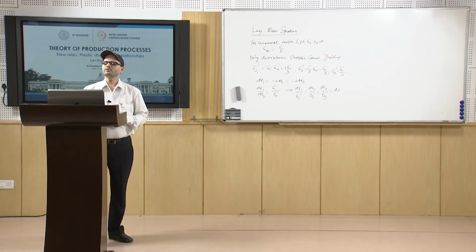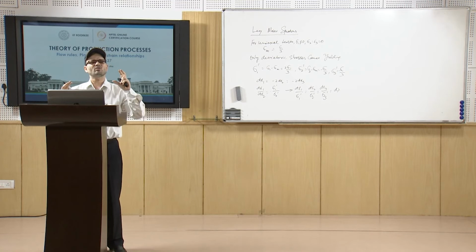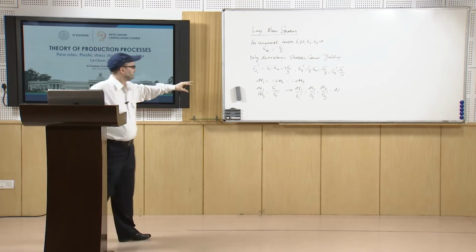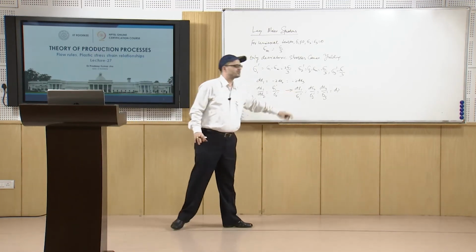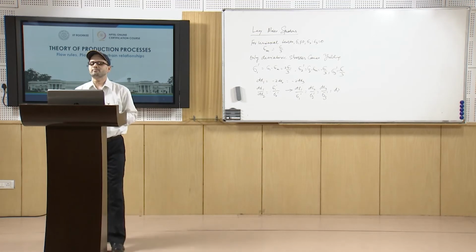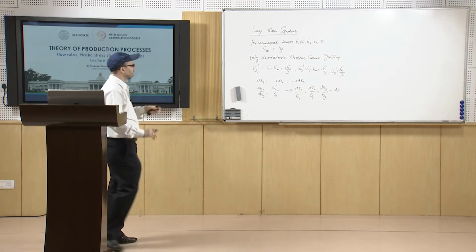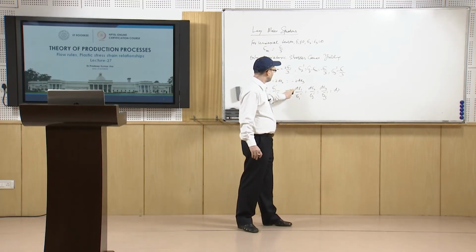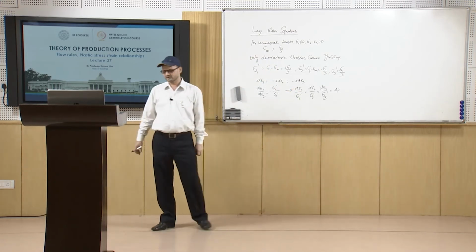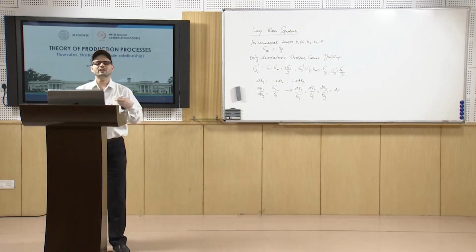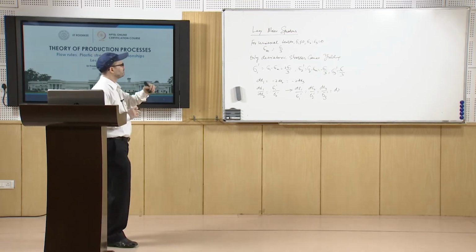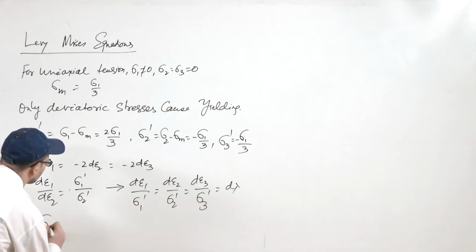Now, what we see is that at any instant of deformation, the ratio of this increment of the plastic strain to the current deviatoric stresses is a constant. So, the ratio of the strain increment to the current deviatoric stresses remains constant. Now, what is sigma 1 prime?